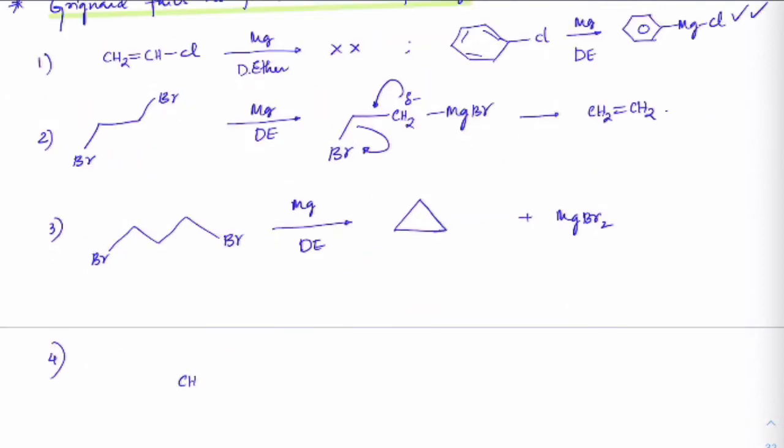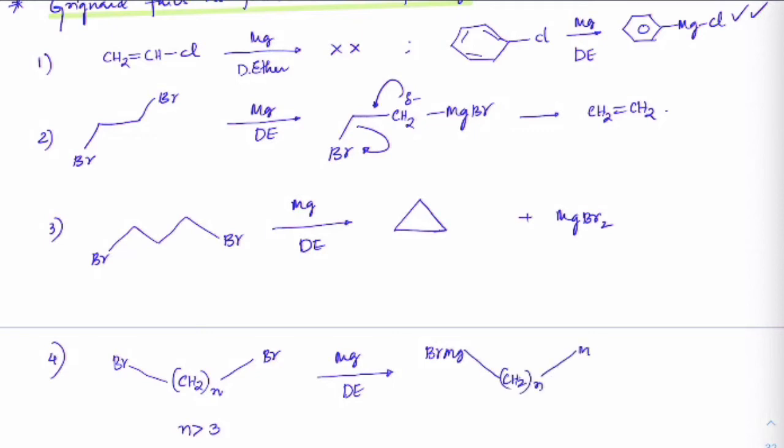Now suppose you have CH2 n, and Br is connected at both ends, and if n is greater than 3, the Grignard reagent will definitely exist. So we can get BrMg connected with CH2 n and MgBr. But with 2 carbons or 3 carbons, the Grignard reagent will not exist in dihalides.